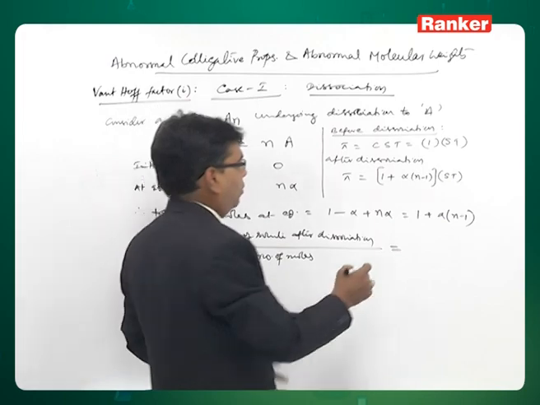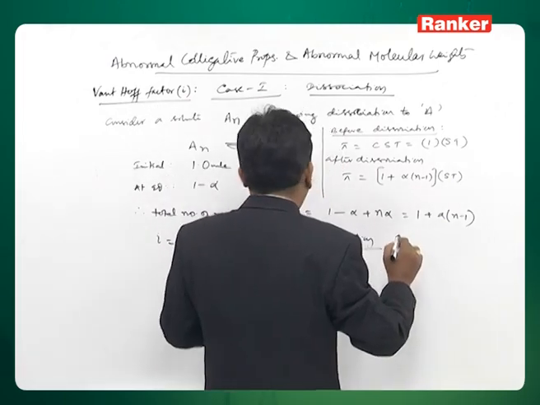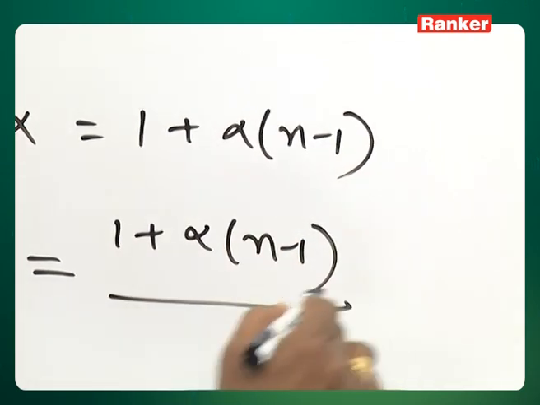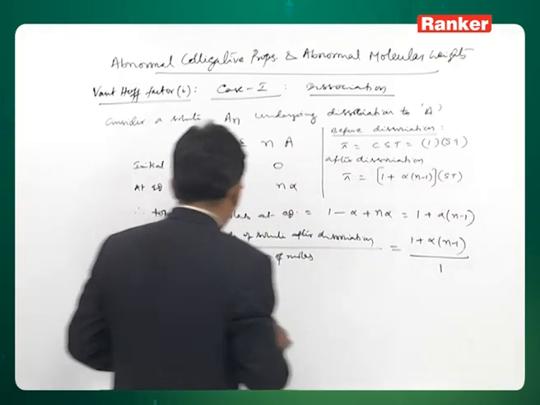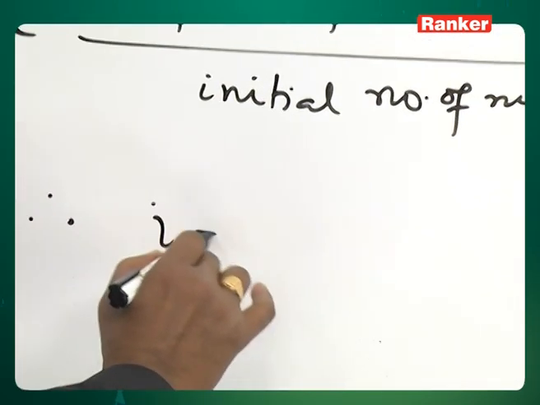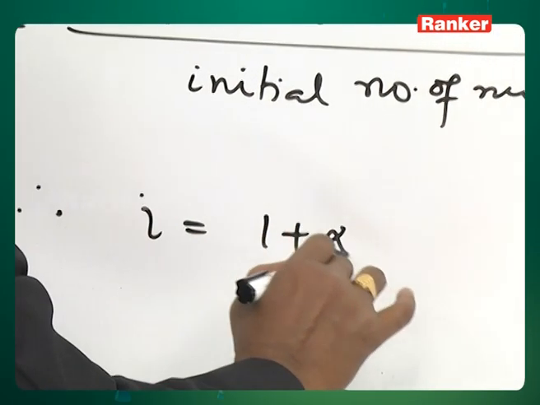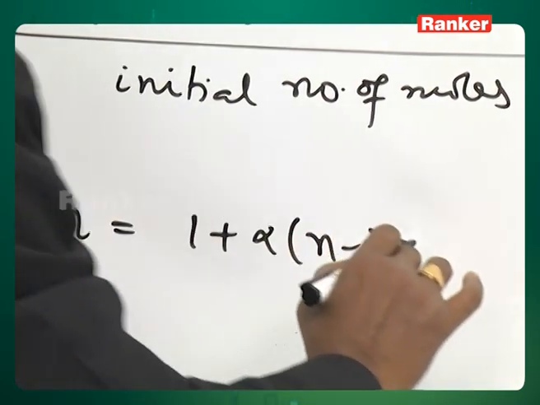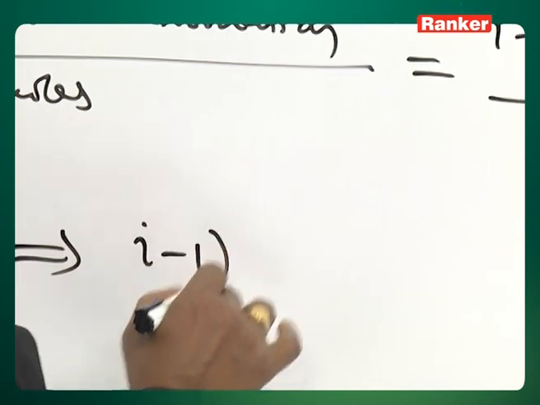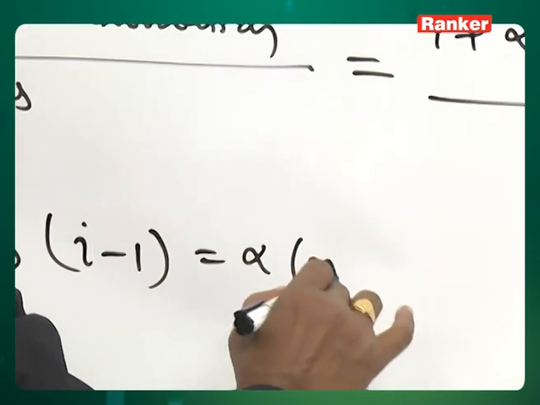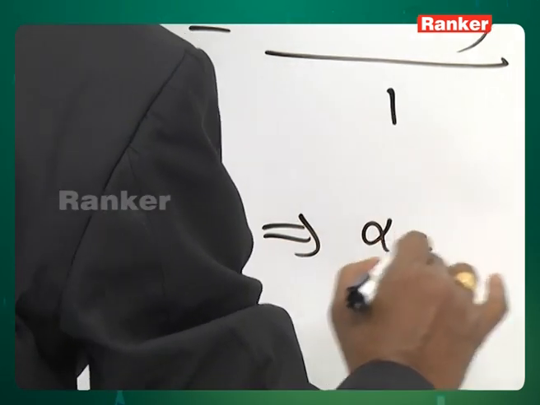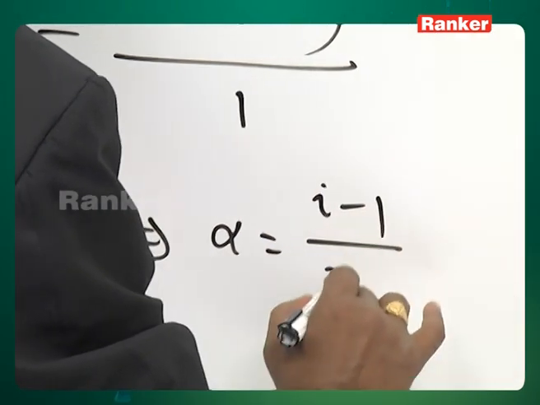So, after dissociation it is 1 plus alpha into (n minus 1) and initially it is of course 1. Therefore, from this we can write i equals 1 plus alpha into (n minus 1), and from this also I can write i minus 1 is equal to alpha into (n minus 1), meaning alpha is equal to (i minus 1) by (n minus 1).